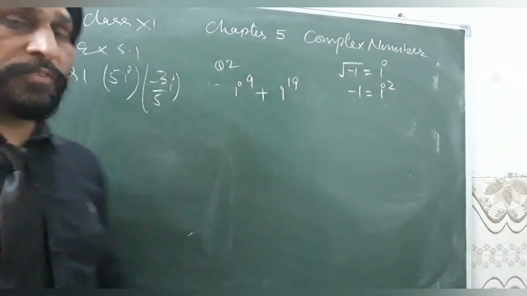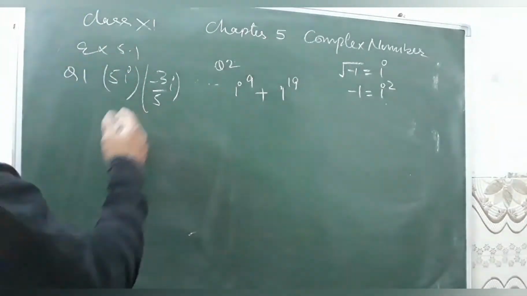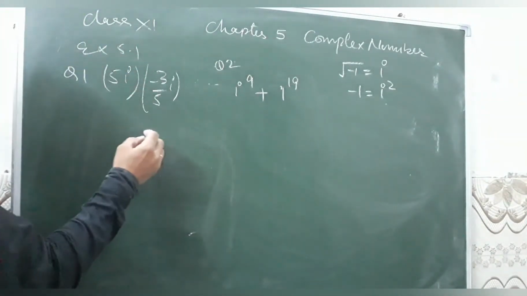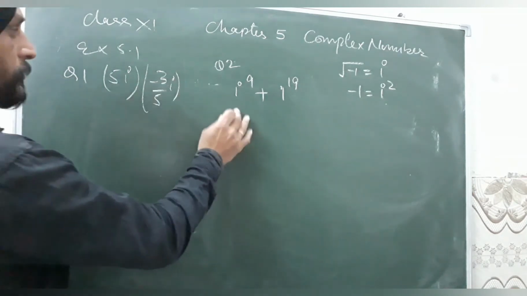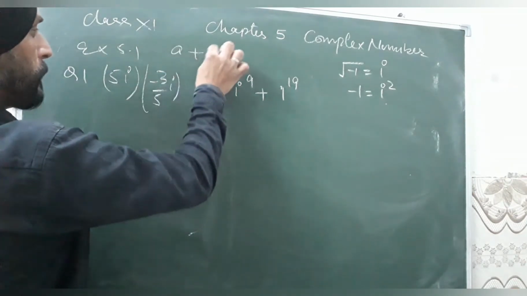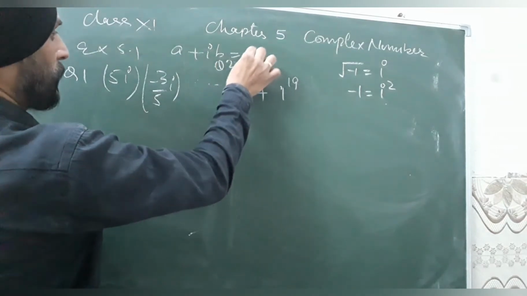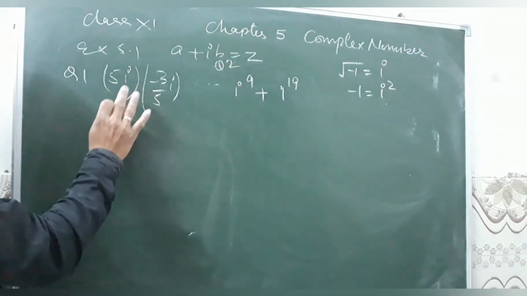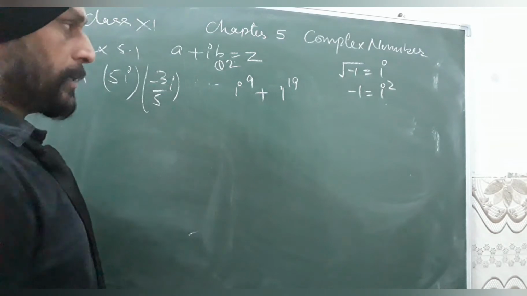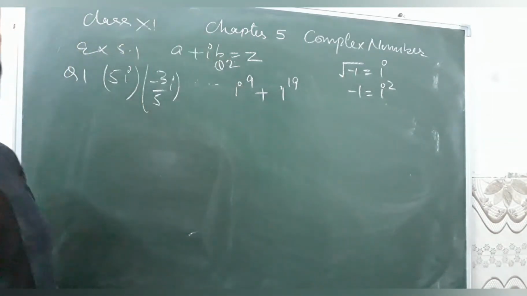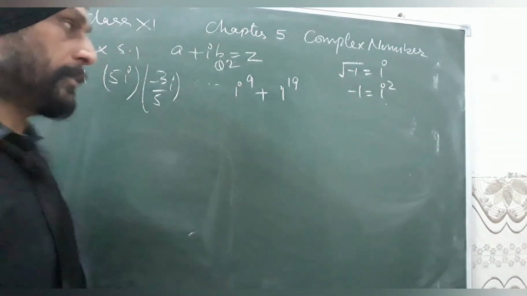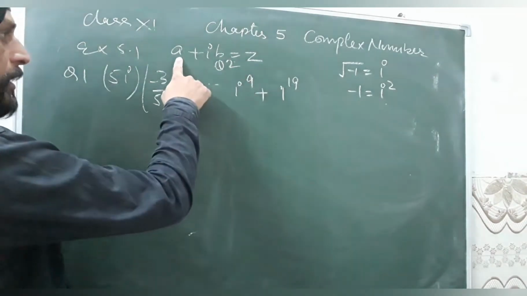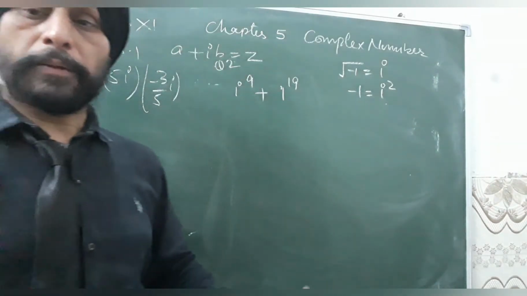We have question 5.1, questions first and second. In this case student, we need to convert every question into the form a plus ib, that is the complex number. Right student? Now we have to put all answers in the form a plus ib is equal to z. Z is the complex number, a is the real number, b is the imaginary number.